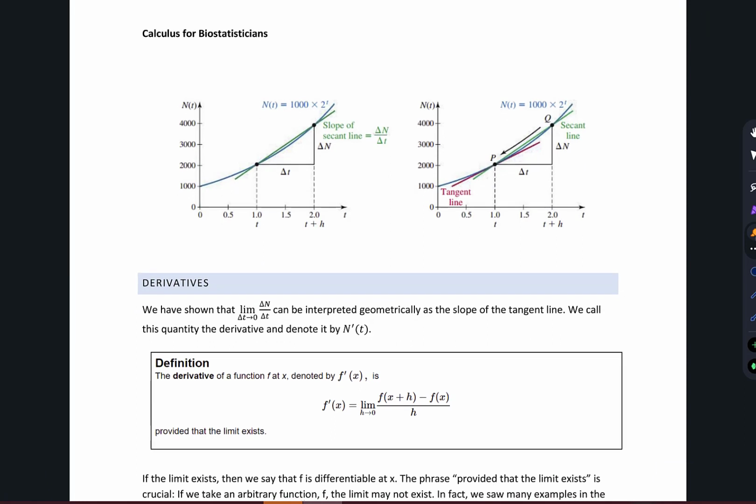And so here we could look at what this could potentially look like in a picture. Notice here on the left, what we have is a timeline where we're moving from t to t plus h.